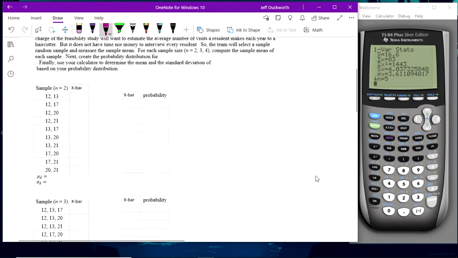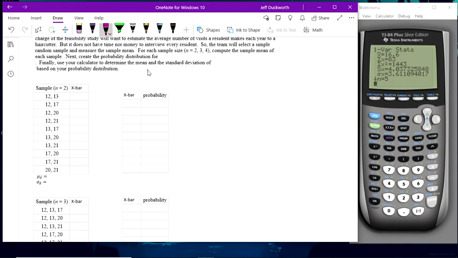All right. Now, the next thing we want to do here is calculate x bar for each of our samples. So we have a sample of n equals 2. Each of these is a different possible combination of 2 values out of 5.